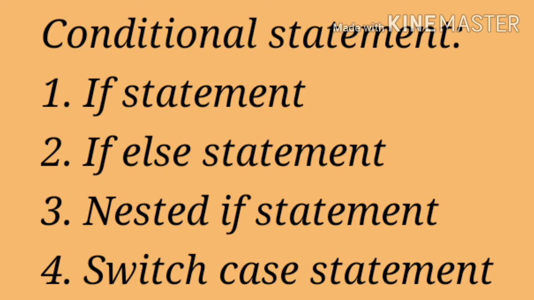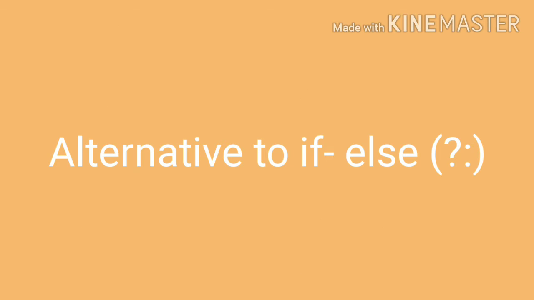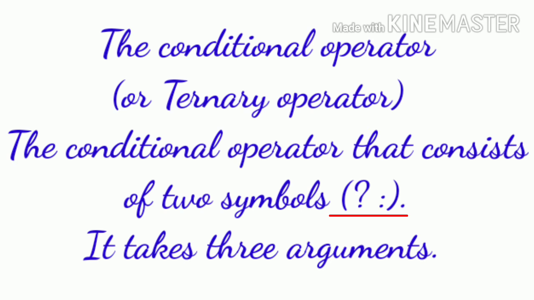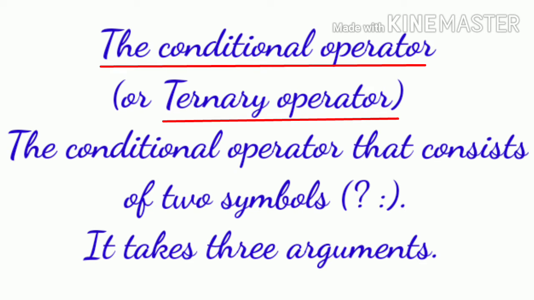First we will see the alternative to the if else statement. This operator consists of two symbols, a question mark and a colon, and it takes three arguments, which is called the conditional operator, otherwise called the ternary operator.